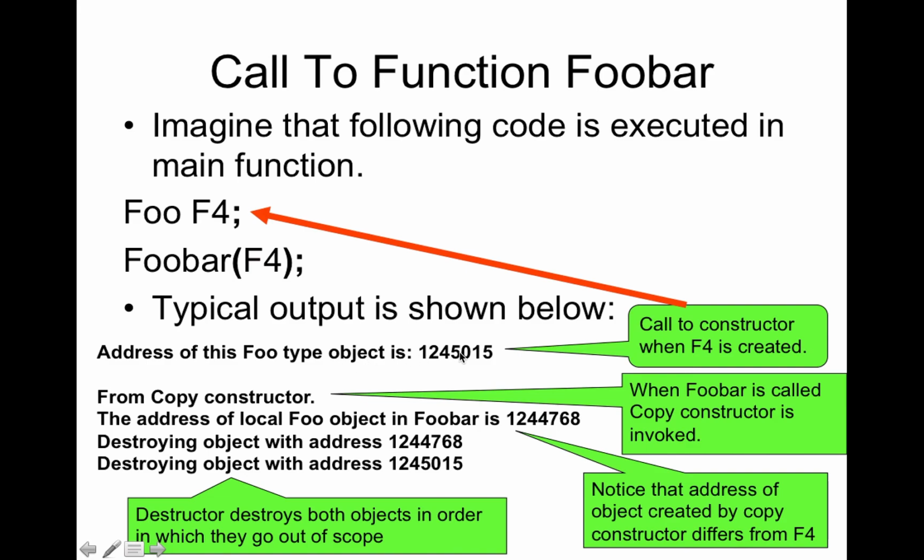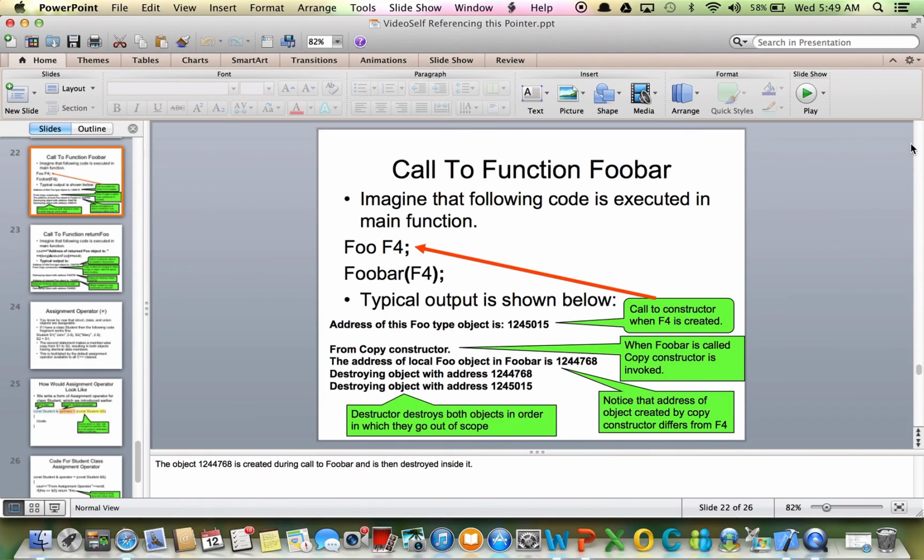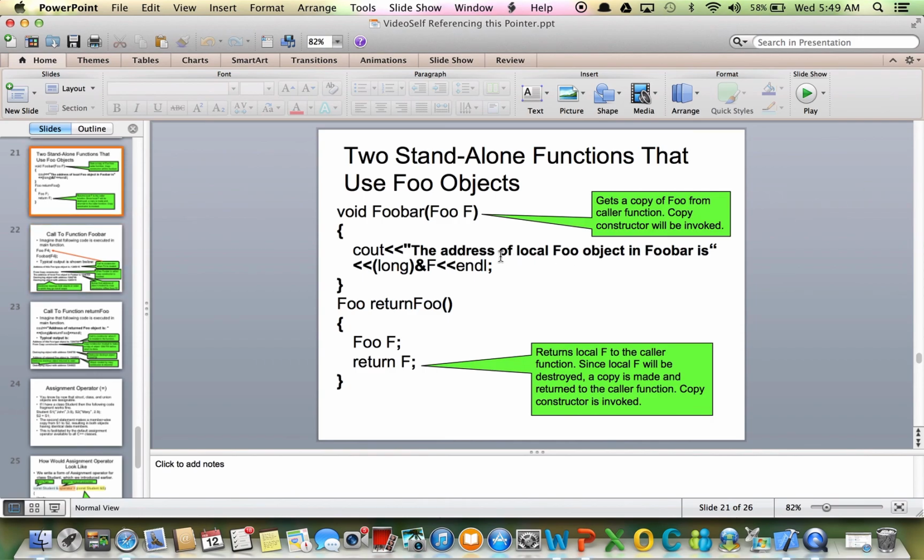First we'll print the address of the foo type object, and then the copy constructor is invoked, and the local object address is printed, which is different, and then of course there is a destructor call.